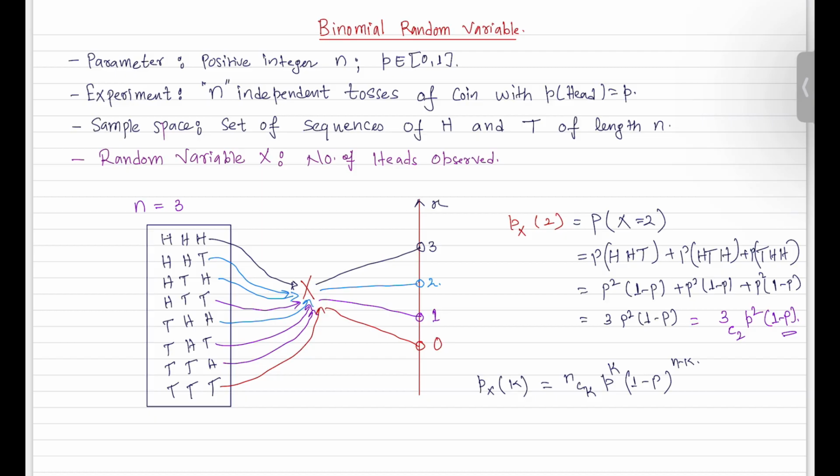So this formula gives the probability of obtaining k successes in a sequence of n independent trials. The only new thing here is that instead of using the traditional probability notation, we are now using the PMF notation.